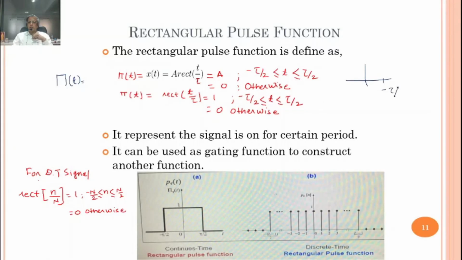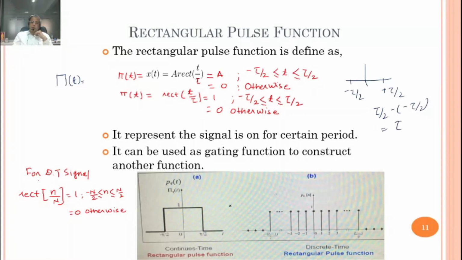If this runs from minus tau by 2 to plus tau by 2, then the duration is tau by 2 minus minus tau by 2, which equals tau.